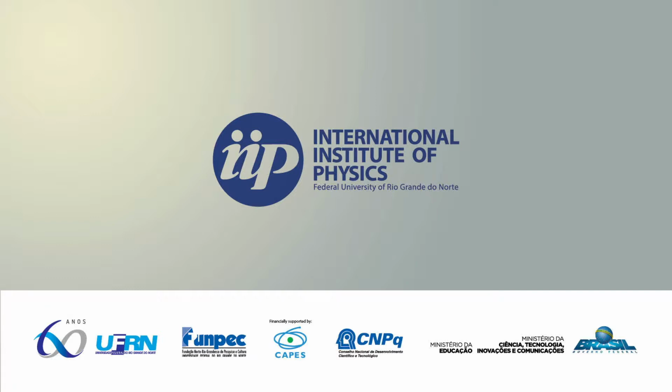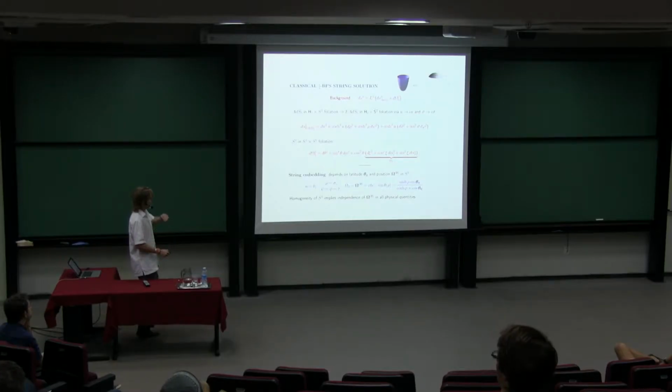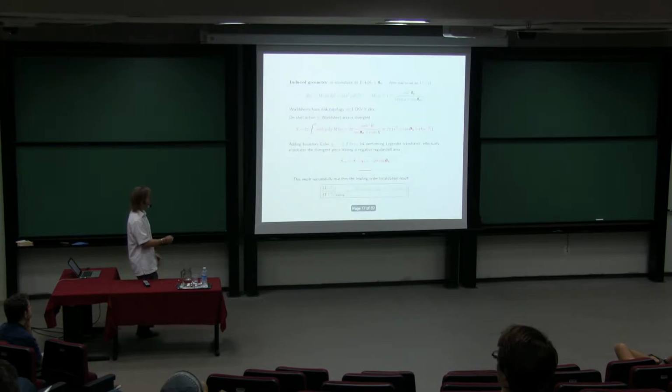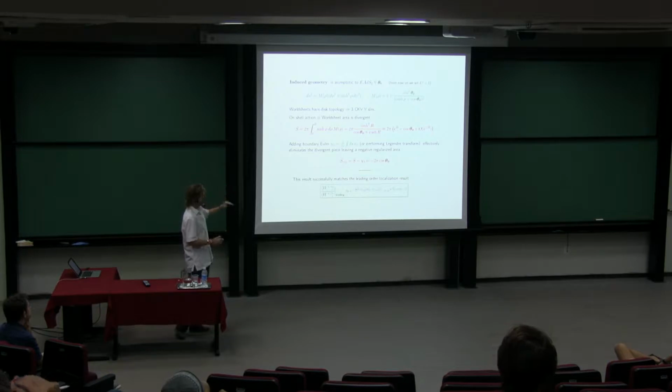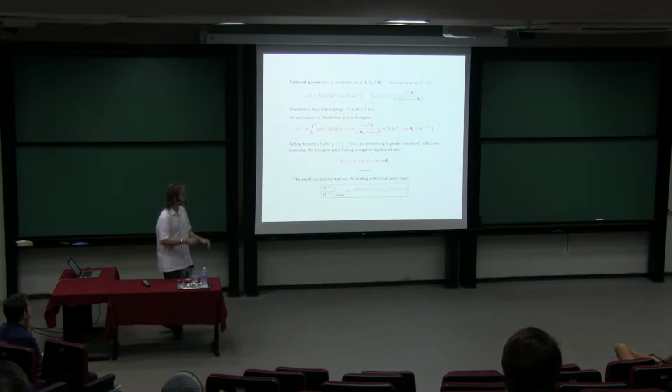What does the induced geometry look like when we do this? The geometry looks like asymptotically AdS. So when we pull back this surface onto this metric, we end up with this induced metric on the string surface, which is AdS2 times a conformal factor. The conformal factor goes to 1 at infinity, so it's just a deformation of AdS.